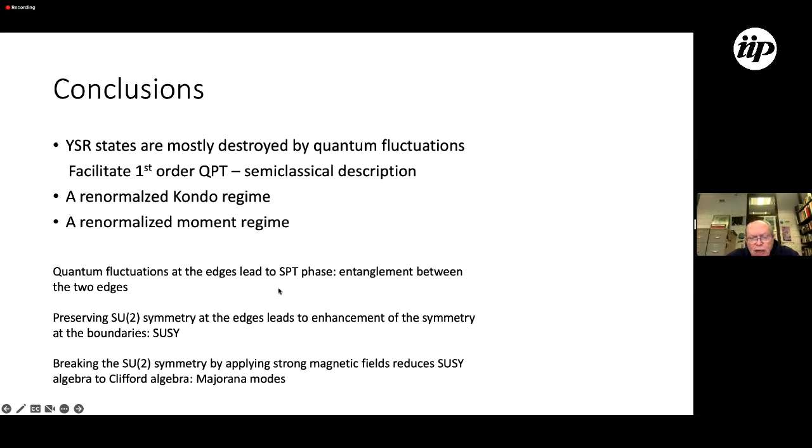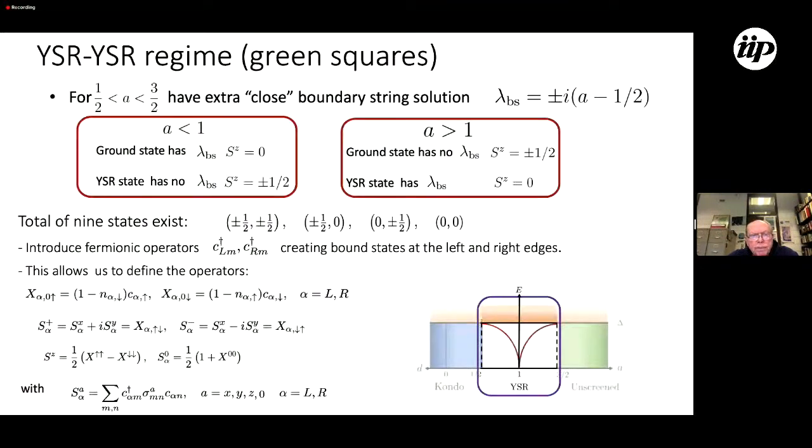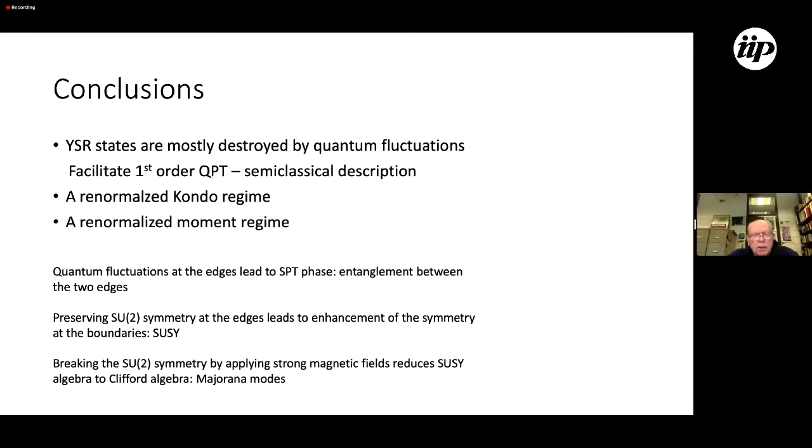And the quantum fluctuations at the edges lead to an SPT phase, to a topological phase entangling the two sides, and existence of Majorana modes. So that's it. Thank you very much.